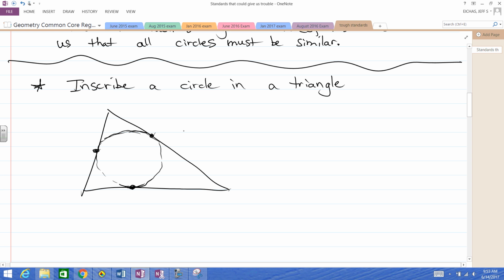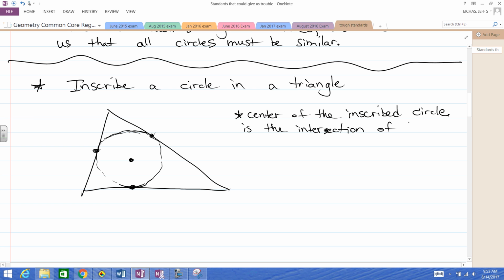Well, there's a few steps to this. First, we have to find the center of that circle and then find the appropriate radius. Now, the center of that circle is the intersection of the triangle's angle bisectors.